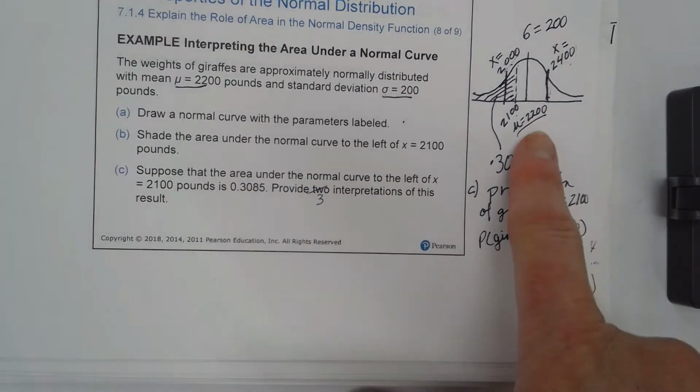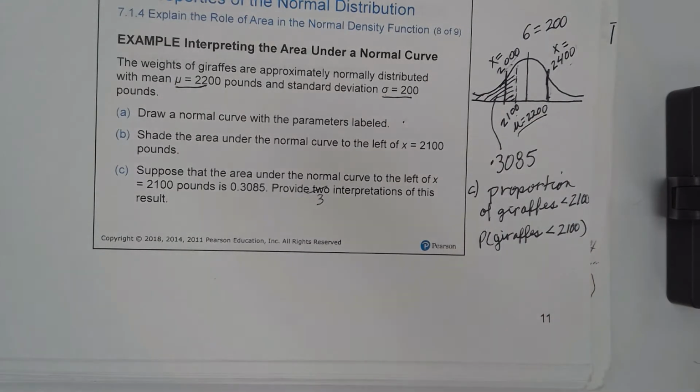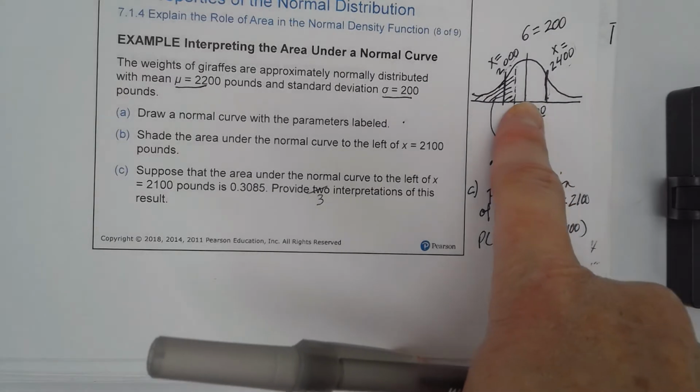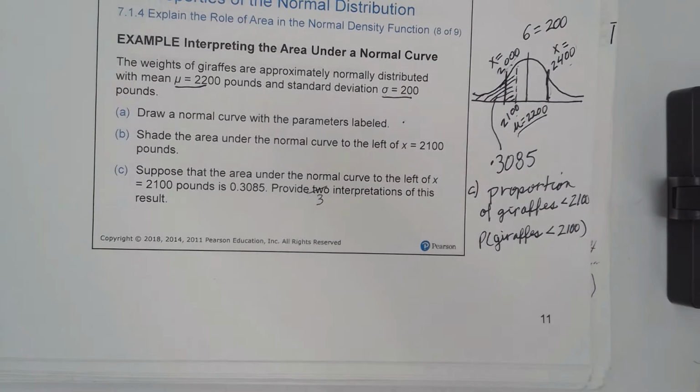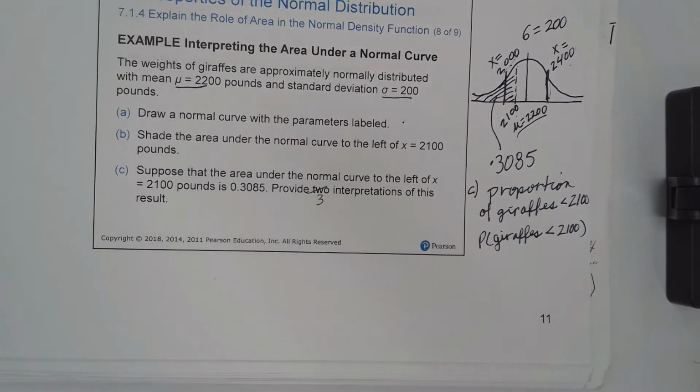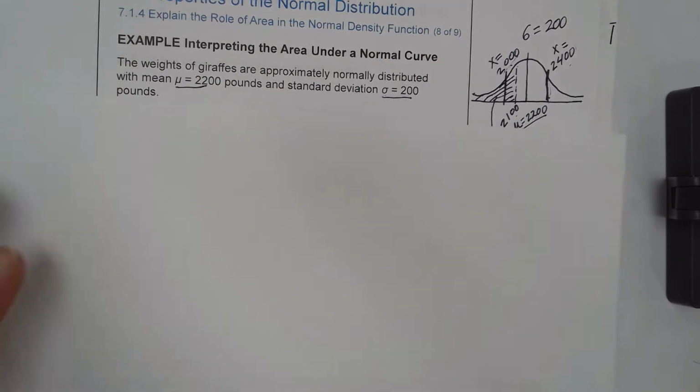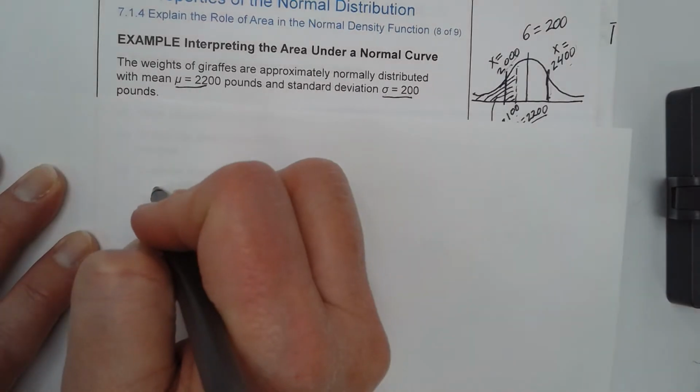Get used to drawing normal curves. Every time that you read a problem and it says anything about being normally distributed, draw a normal curve and put a line down the middle of it to represent the mean. Okay? All right. So just because it might help seeing me draw that, let's go ahead and draw that.